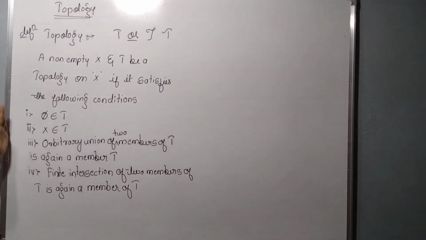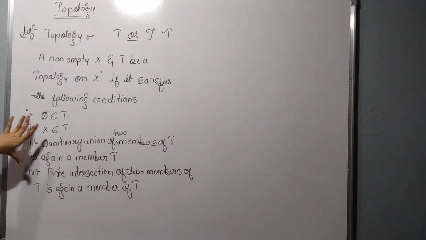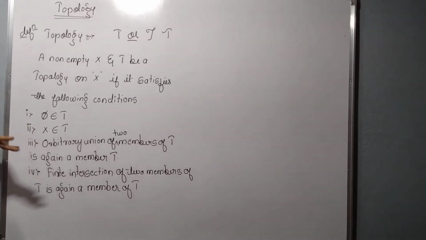If it satisfies all these conditions, then the tau is called as the topology on X. By using the example, we perfectly know how the tau is called as the topology on X.